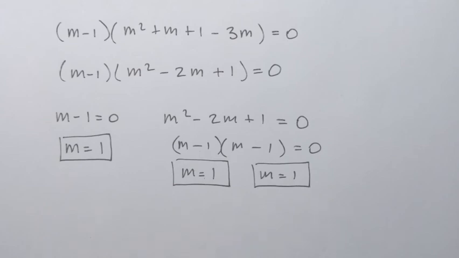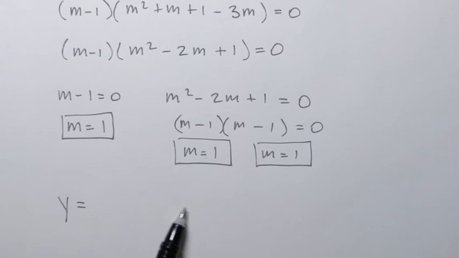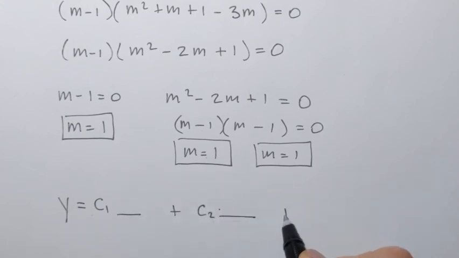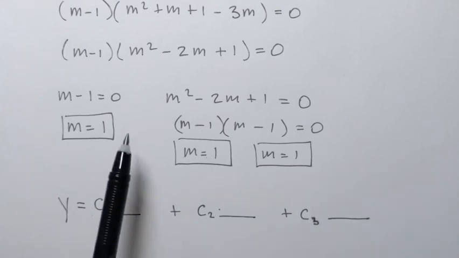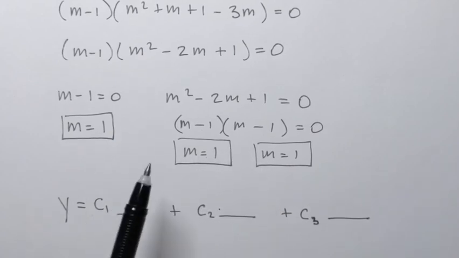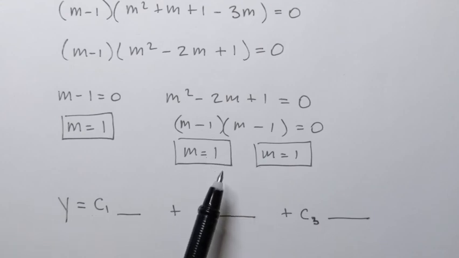But what you want to keep in mind is that the general solution will have 3 terms. So it's going to be C1 times something plus C2 times something and then plus C3 times something. Now that something will be determined by the type of the solution that you use, whether it's a real solution or complex solution, and whether it's repeated or distinct.